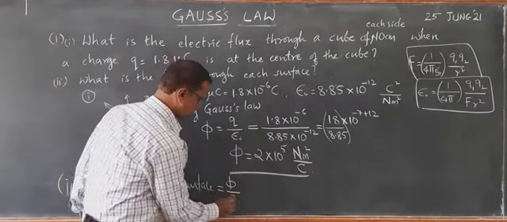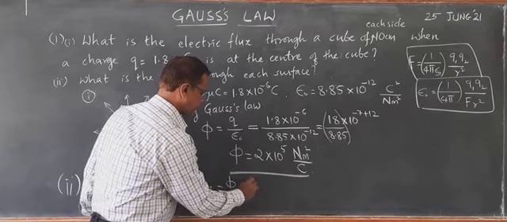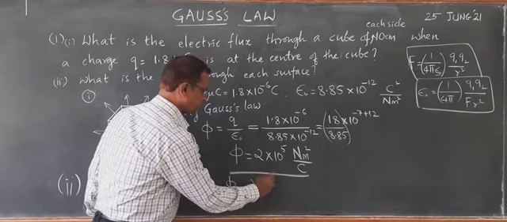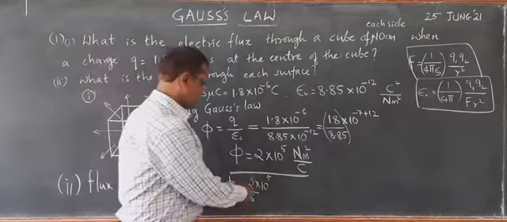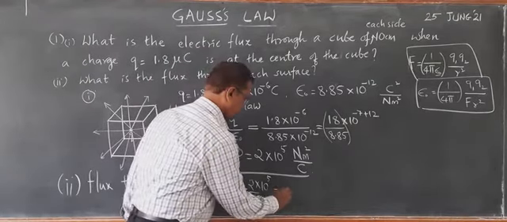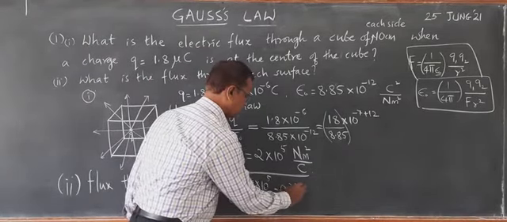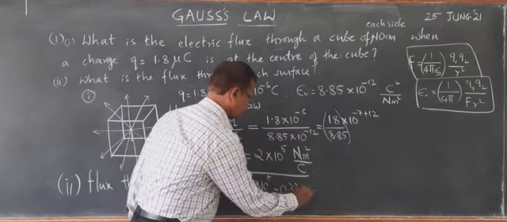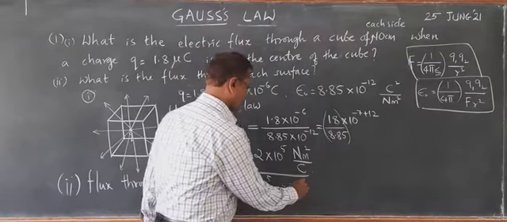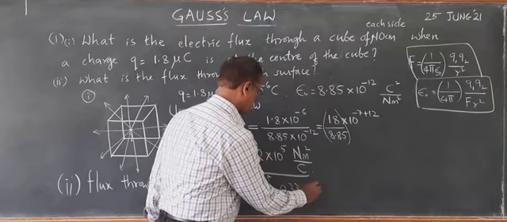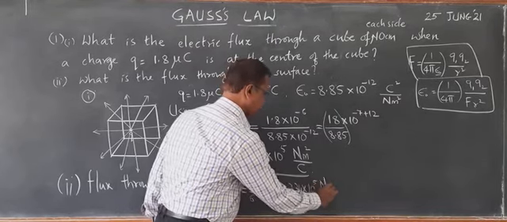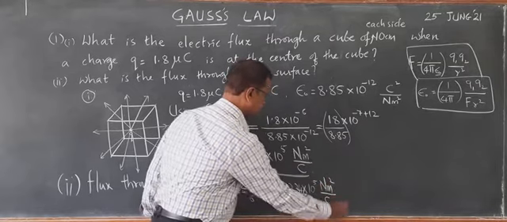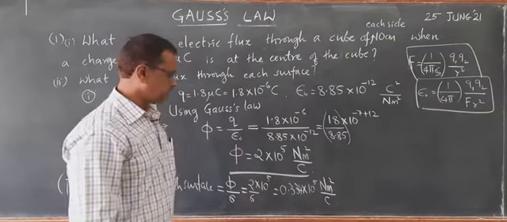Number of surfaces here is 6. 2 into 10 to the power of 5 divided by 6. So, that becomes 3.33, or 0.334 you can write, into 10 to the power of 5 Newton meter square per coulomb.